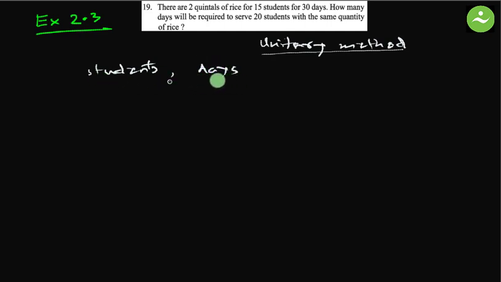Now the question is which one we will put on the right, days or students? Here the question says how many days. That means we have to find out the number of days. So we put students on the left and days on the right. So we can write 15 students can be served 30 days.